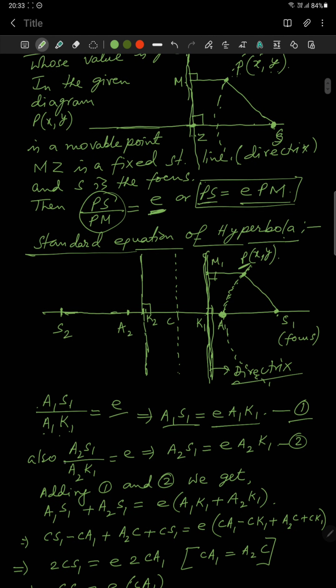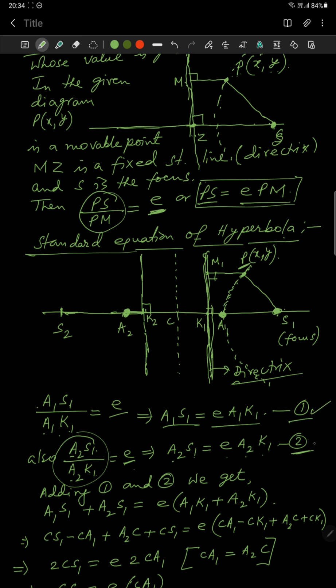Again, I have taken A2S1 divided by A2K1 is equal to E, and cross multiplication gives A2S1 is equal to E times A2K1, that is equation number 2.